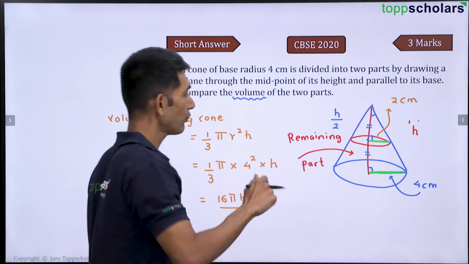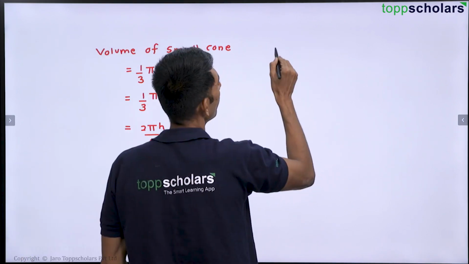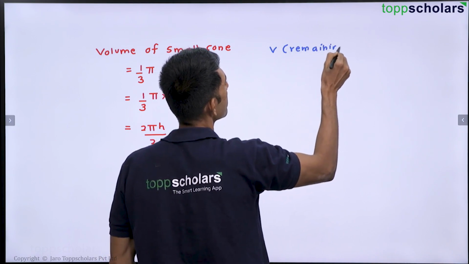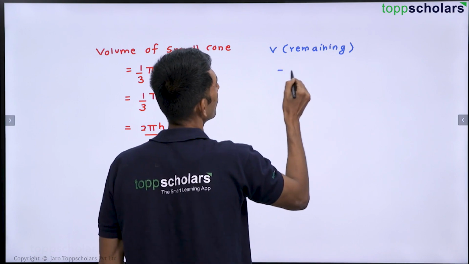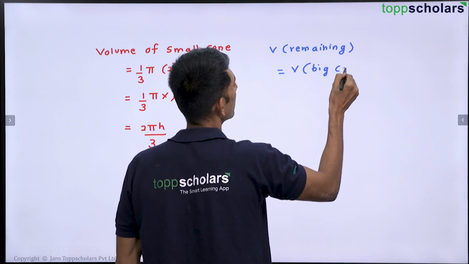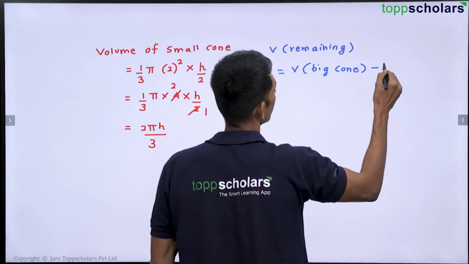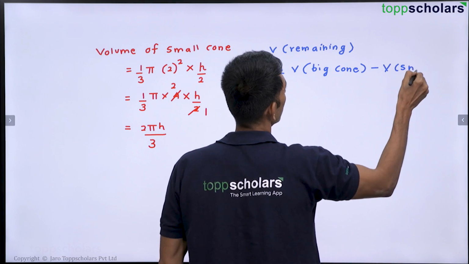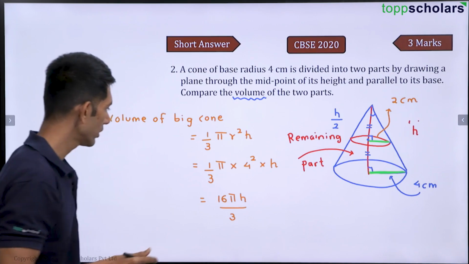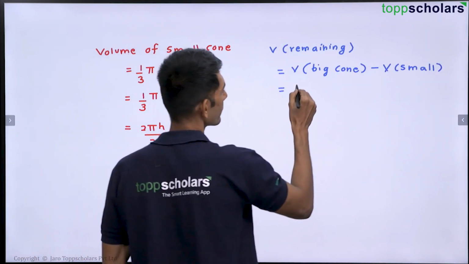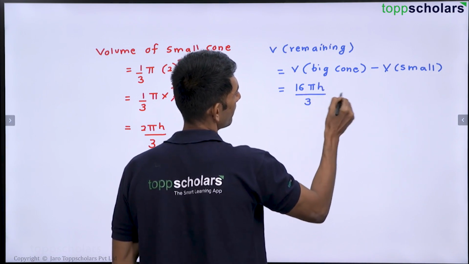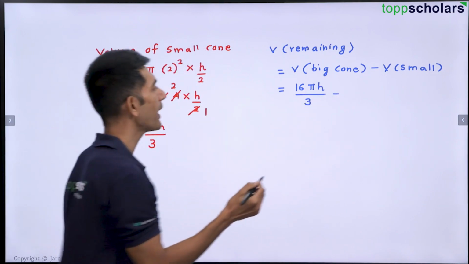So the volume of the remaining part is equal to the volume of the big cone minus the volume of the small cone. The volume of the big cone is 16 pi h by 3, minus the volume of the small cone, 2 pi h by 3.